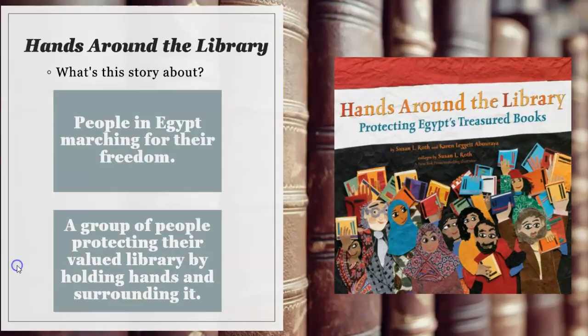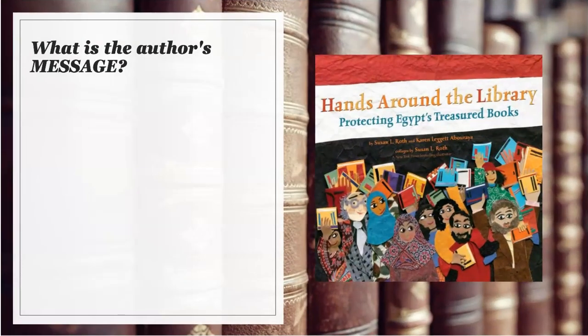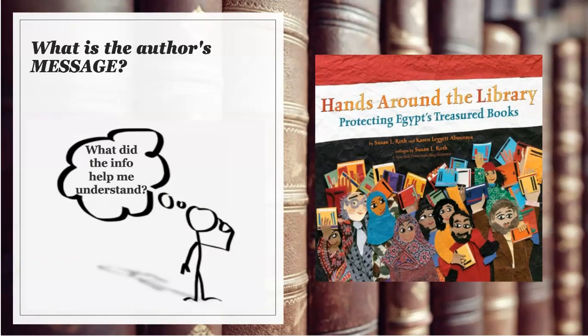So again, we want to ask ourselves, what is the author's message? Thinking to ourselves, what did the info help me understand? What did I understand, not just facts-wise, but what was the big idea that the author was trying to get across to me?